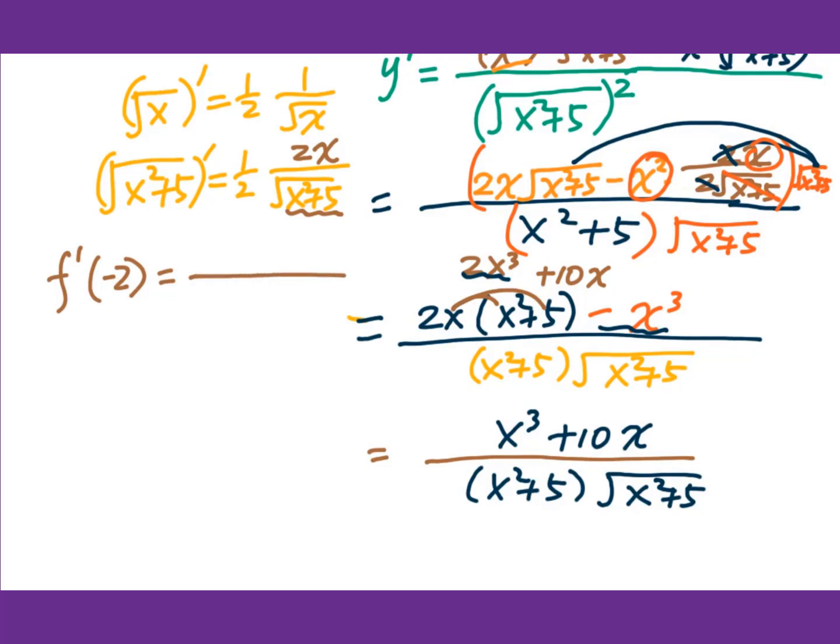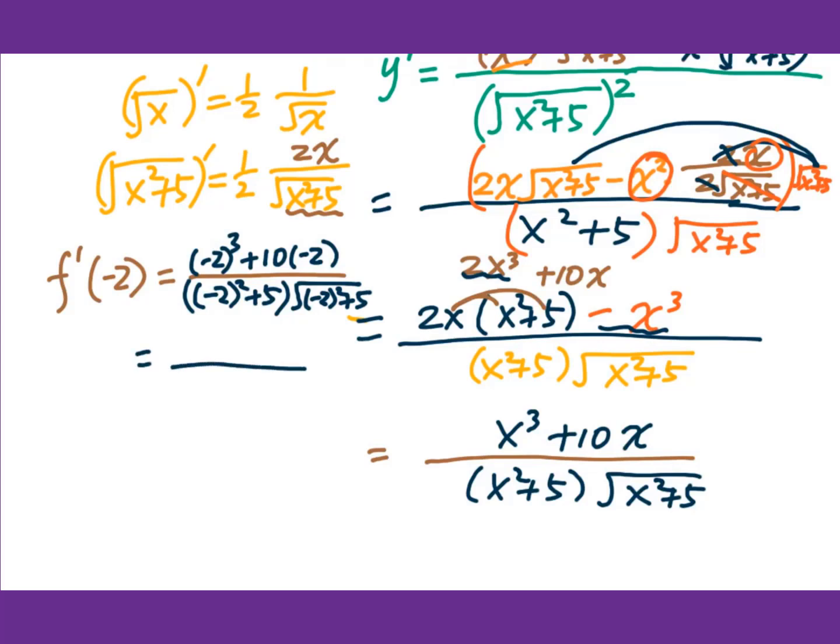You will get (-2) third power plus 10 times (-2). Denominator, (-2) squared plus 5, then square root of (-2) squared plus 5.